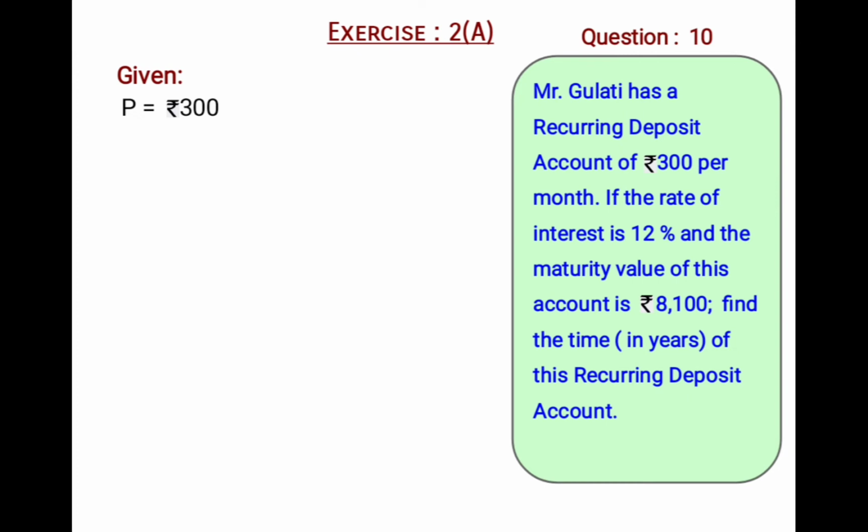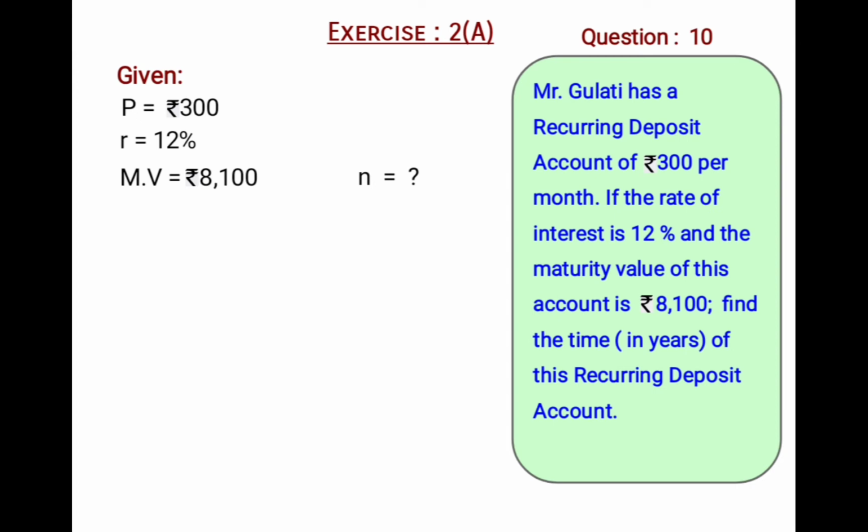If the rate of interest is 12%, given R is equal to 12%, and the maturity value of this account is 8,100, MV is equal to rupees 8,100. Find the time in years of this recurring deposit account. We need to find the value of n, and it should be in years.